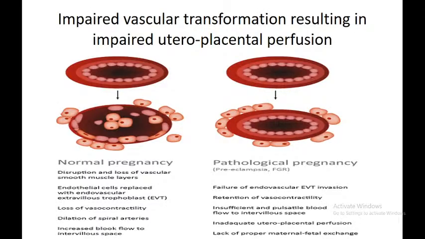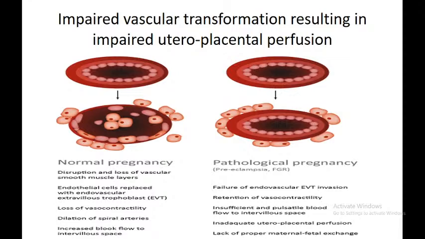This slide shows that there is impaired vascular transformation resulting in impaired uteroplacental perfusion. In a normal pregnancy, usually we see that there is disruption and loss of the vascular smooth muscle layer, and the endothelial cells are replaced with the endovascular extravillous trophoblast.